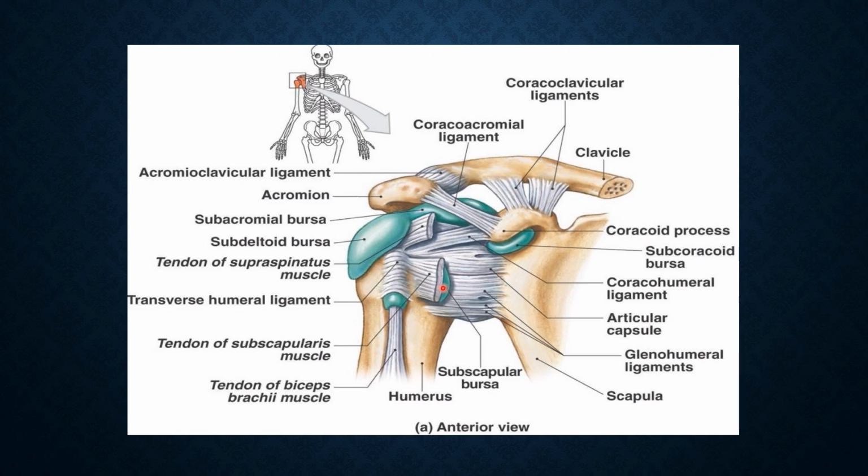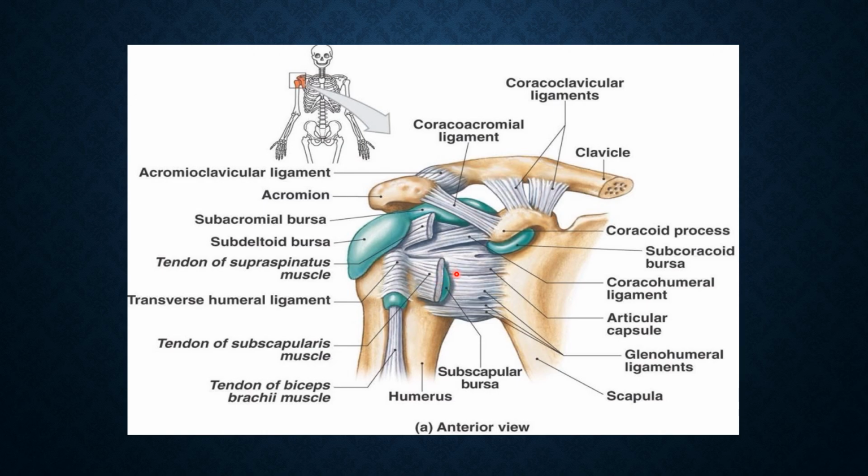What it is doing is reducing the wear and tear that occurs on the tendons during the movement of the shoulder joint. When the joint is performing its movements, the subscapular bursa prevents the wear and tear occurring on the tendons during the movement of this particular joint, right?